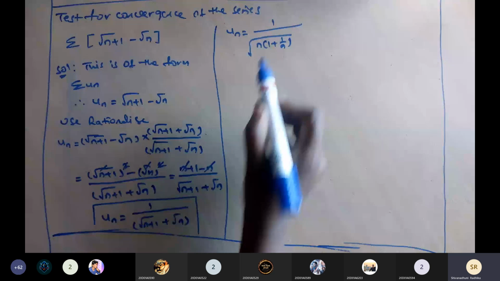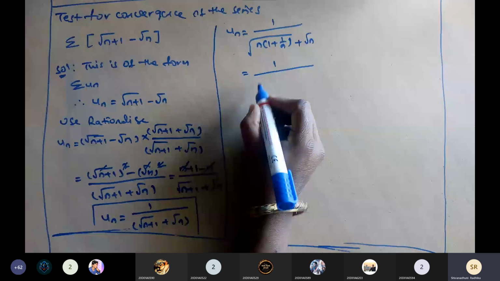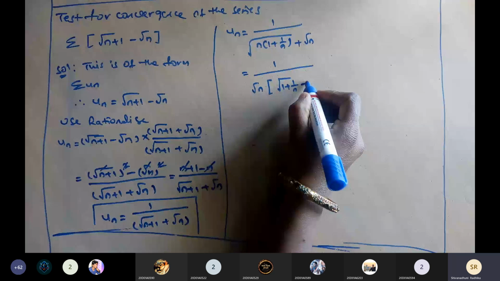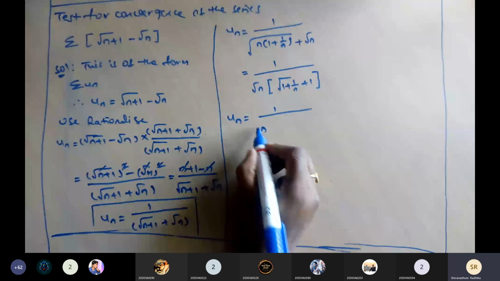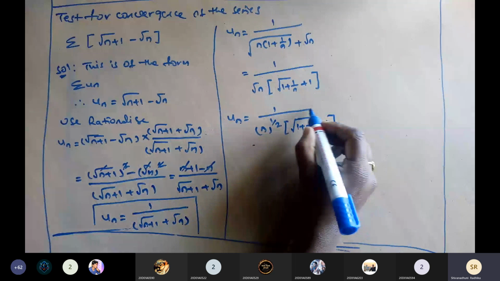Now in the denominator we have root n and root n. Take root n common. What remains is root of 1 plus 1 by n, plus 1. Now un equals 1 by n to the power of 1 by 2 times 1 by root of 1 plus 1 by n plus 1. Now this is the modified un.